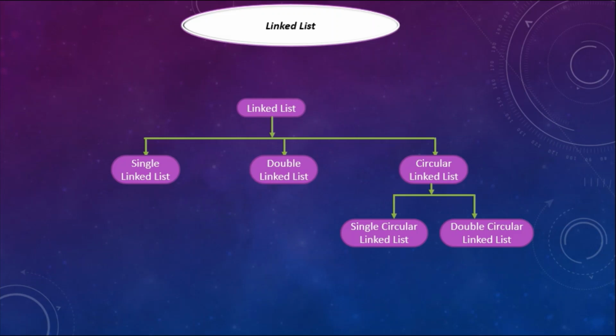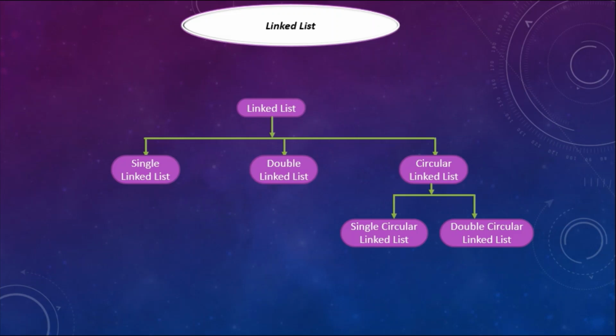As we have discussed the advantages and disadvantages of the linked list and the arrays, we can also compare them. An array has a fixed size, while a linked list does not have a fixed size. Arrays are allocated from the stack, whereas linked lists are allocated from the heap.